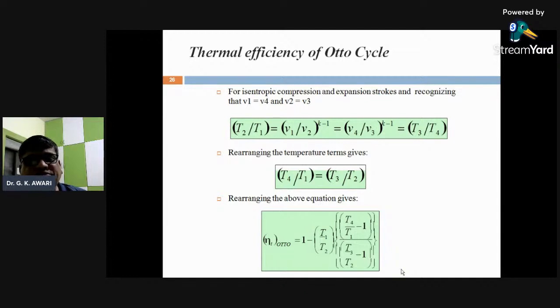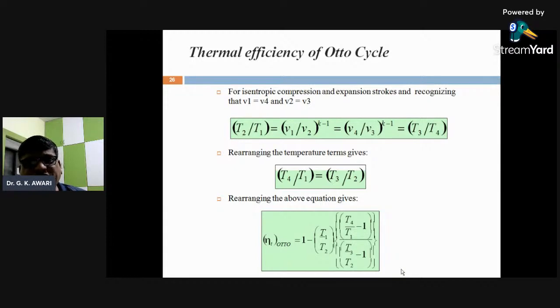Further, the equation can be modified as T2 by T1 is equal to V1 by V2 to the power of k minus 1, which is equal to V4 by V3 to the power of k minus 1, and also equal to T3 by T4. Okay, so rearranging these terms, we get T4 by T1 is equal to T3 by T2.